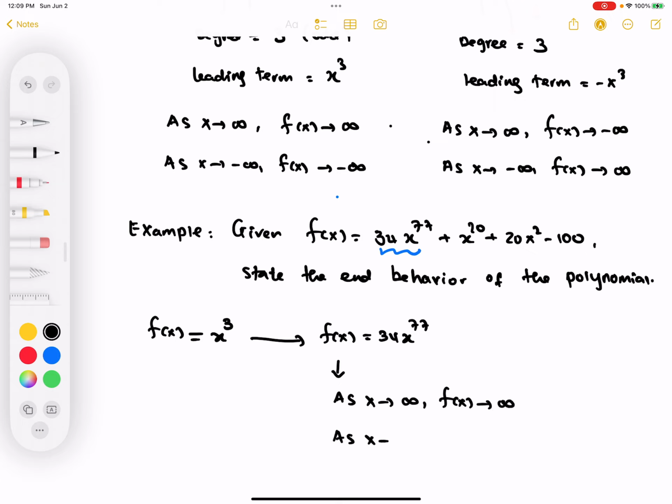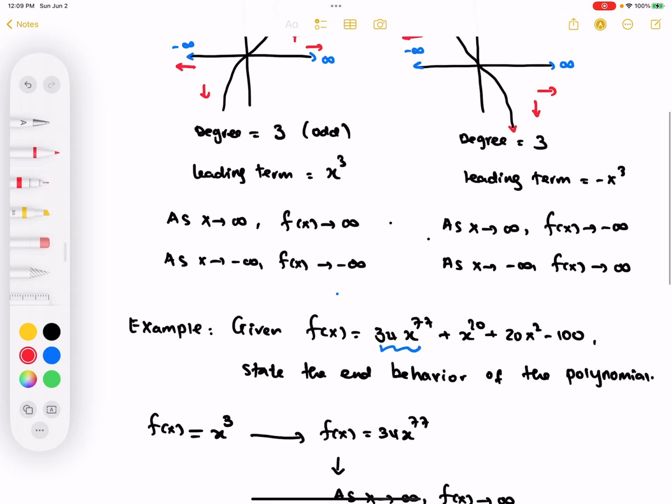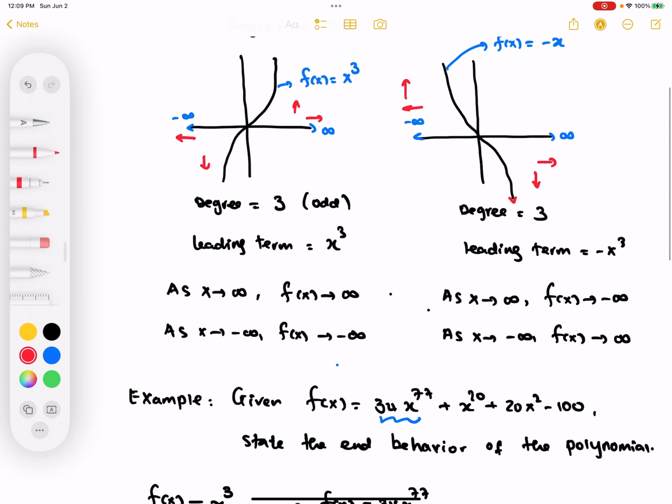As x goes to negative infinity, f of x goes to negative infinity for this degree 77, because the degree is odd. And the graph looks like, for example, on this side the graph is up, and on this side the graph goes down. So that is the interpretation based on the template f of x equals x cubed.